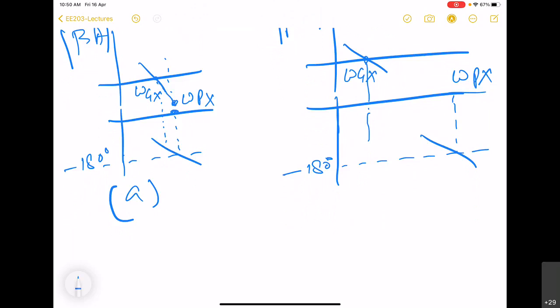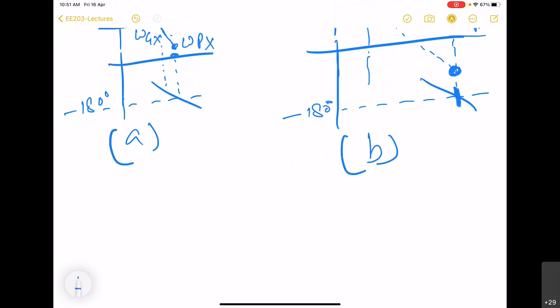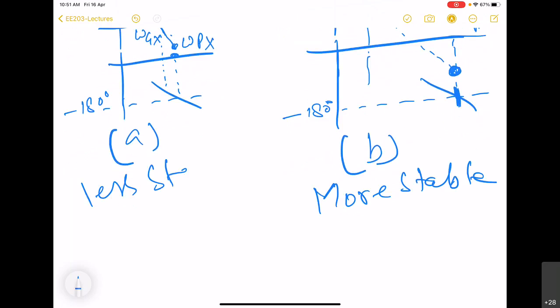But if you see system B, beta A is going to be really very small at the frequency where phase becomes minus 180 degree. So system B is going to be more stable, and A is relatively less stable compared with B.